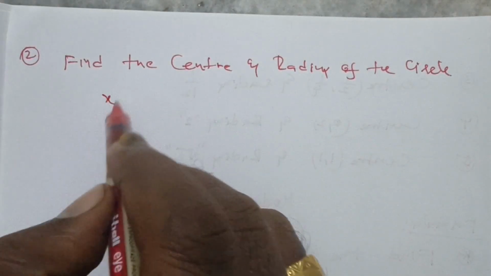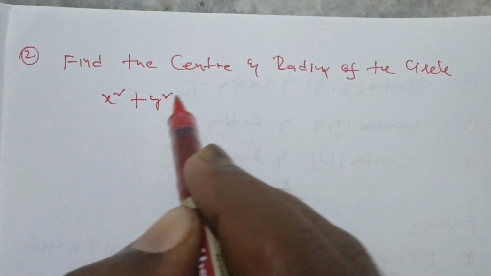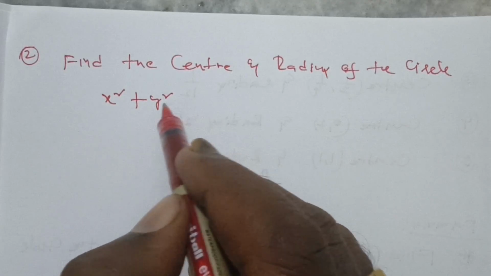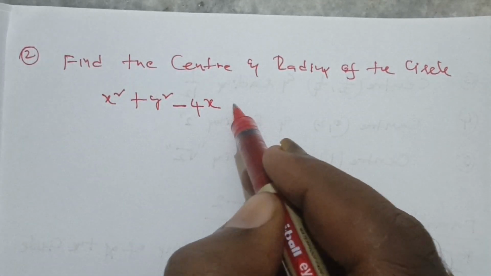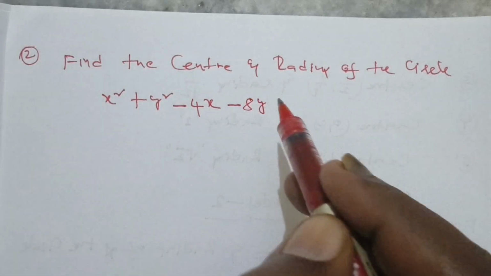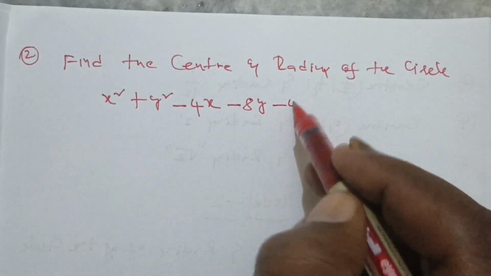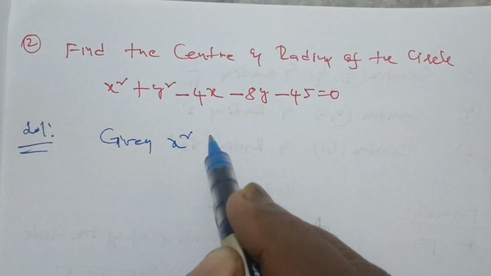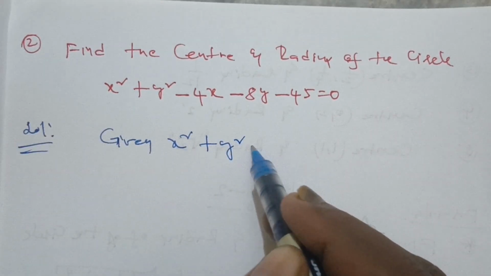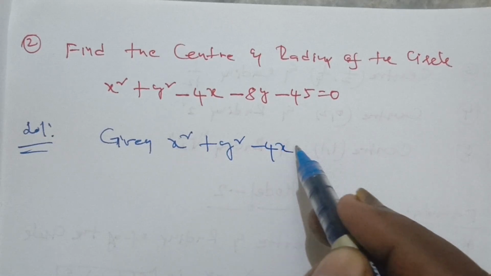Now coming to the second problem: find the center and the radius of the circle. The circle equation is x square plus y square minus 4x minus 8y minus 45 equals 0. So in this problem also we need to find the center and radius.